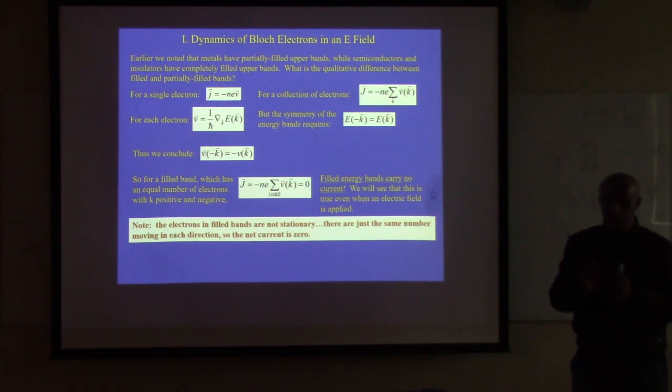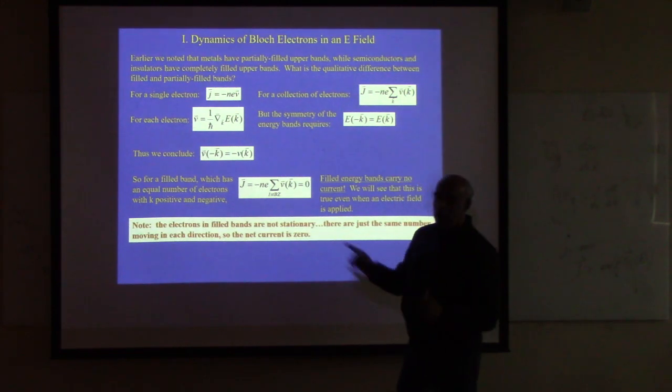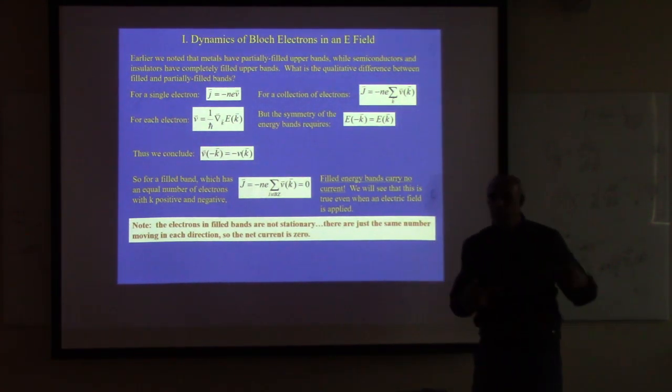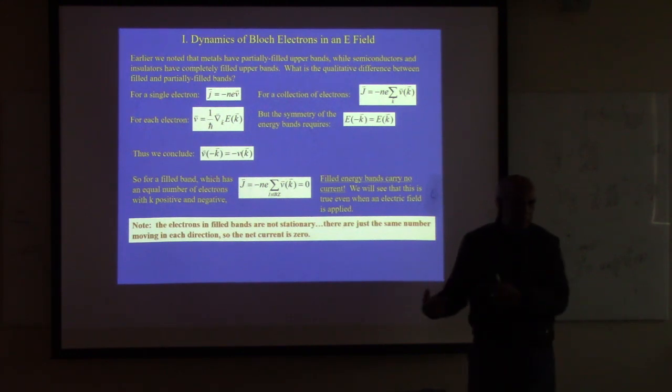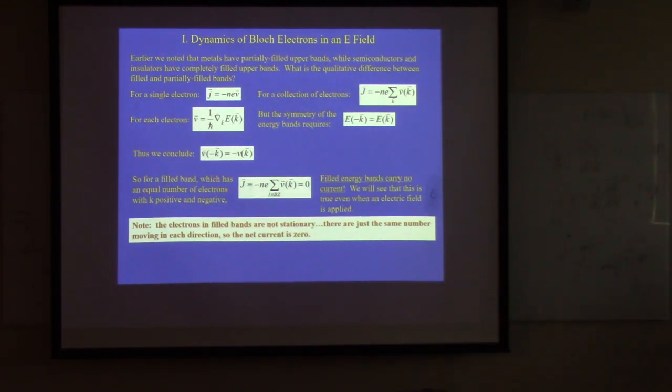This doesn't mean electrons are not moving. They move in opposite directions, right? So that's why they cancel. Please remember this one. Electrons in filled bands are not stationary. They are just the same number moving in opposite directions and cancelling each other. But that is not true if you have unfilled bands.